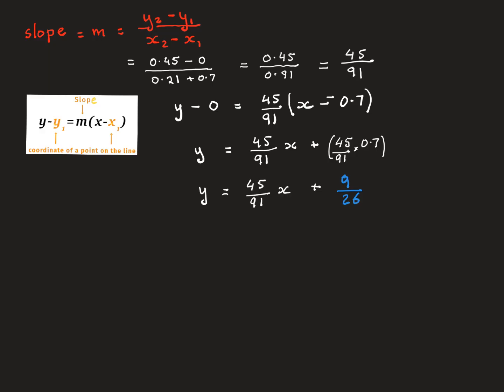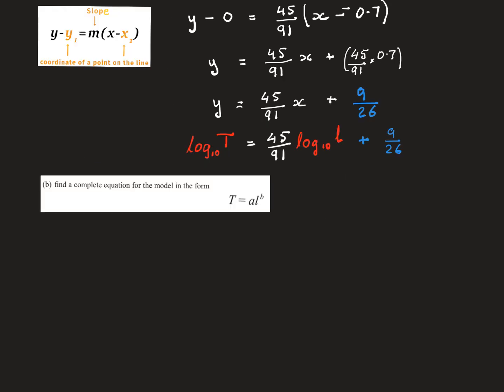Now remember what we said, that y is really log 10 t, and the slope is still the slope, 45 over 91. What is the x? x is log 10 L, and log 10 a is 9 over 26. So remember, we need to find t is equal to a L to the b, which means that we're going to use the laws of the logs, but in the opposite direction of what we did before.